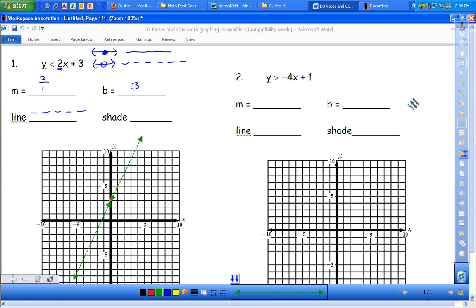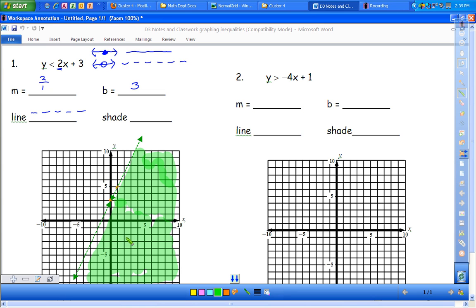So what we need to do to represent everything else is shade all these numbers that would actually be below this line, or less than this line, which is everything below. So it's going to be all these things that are down here in this part of the graph as well.